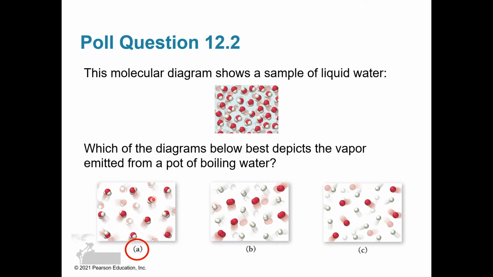You're only going from one phase to another. So the same thing can be said with letter C. Here we have individual atoms now, just oxygen atoms and hydrogen atoms. This does not depict the water vapor coming from a boiling pot of water.